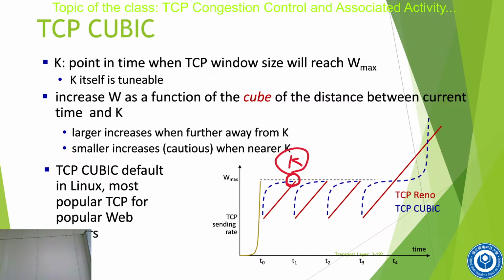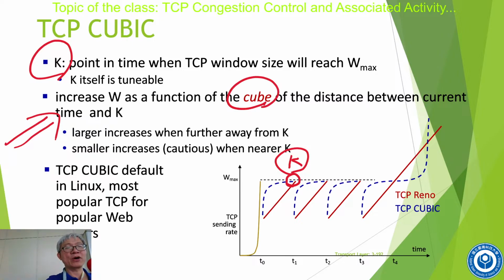Find the distance. Near K, the increase should be small. Far from K, it should be larger, and then we increase faster. So you see K. And so we can increase in a cubic manner. For example, current time T minus K raised to the power of 3.